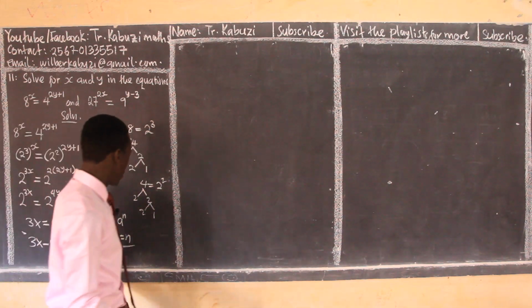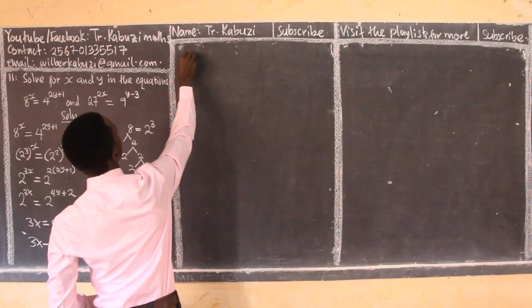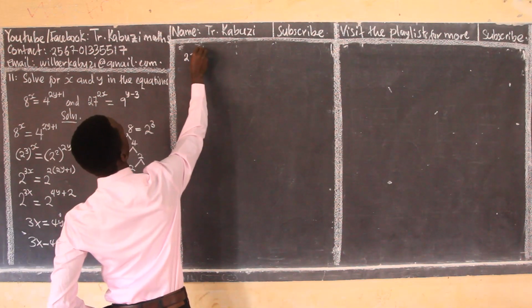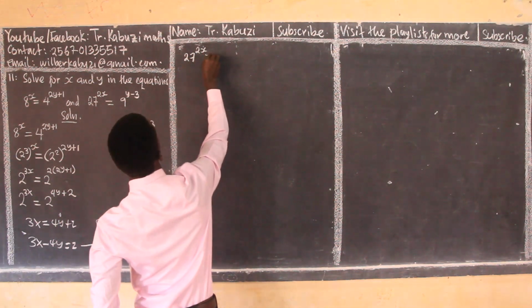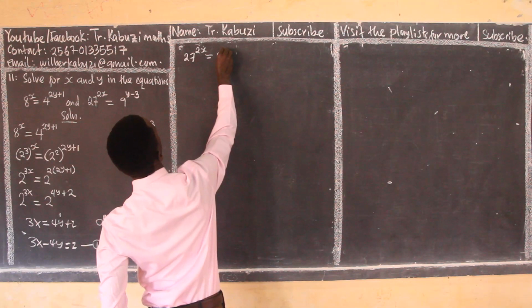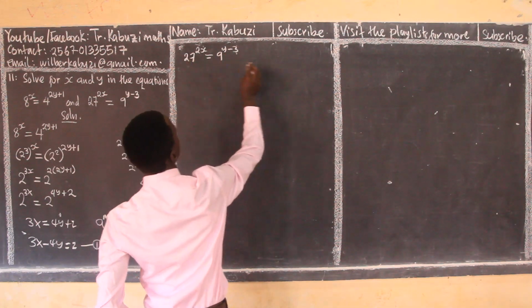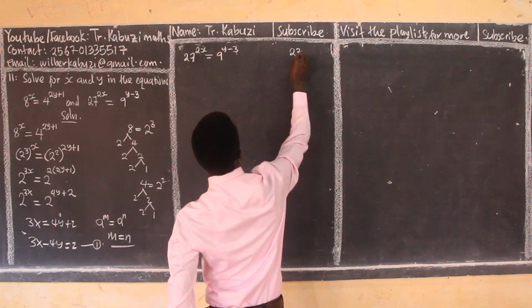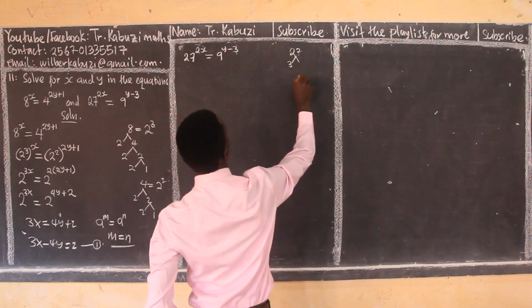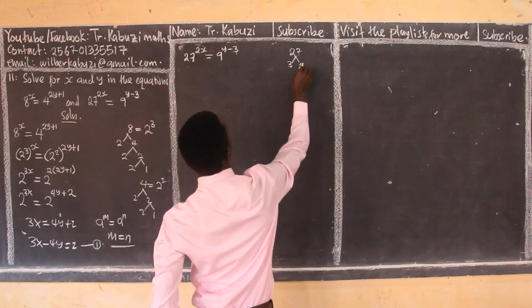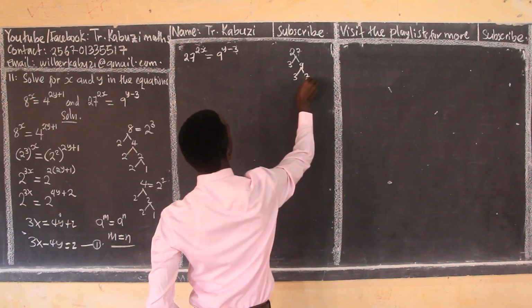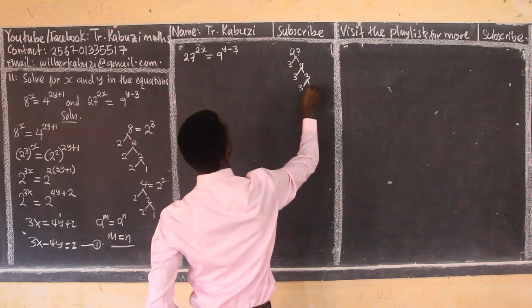Now I come to the one of 27 power 2x equaling to 9 power y minus 3. I also prime factorize this one. The prime number there is 3. Divide by 3 there, I get 9, by 3 there I get 3, then by 3 I get 1.